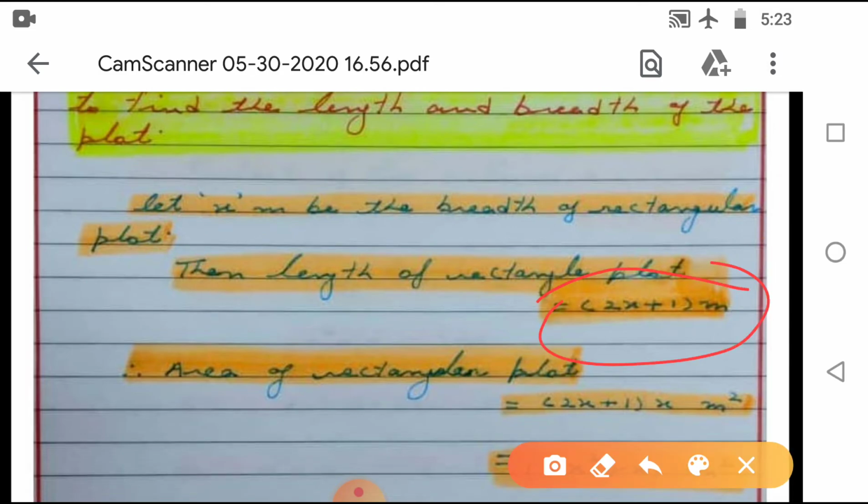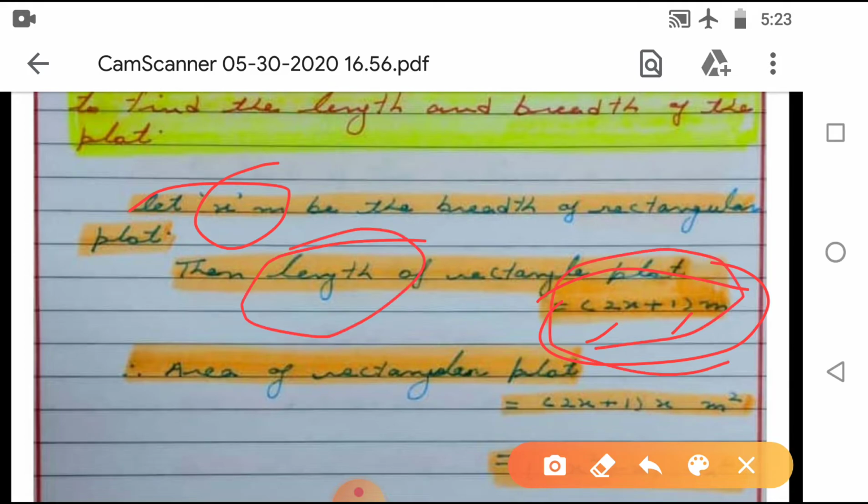Look. So, breadth is x. What is twice of breadth? 2x, right. 1 more, it means plus 1. So, what is the length? Length is 2x plus 1 meter.